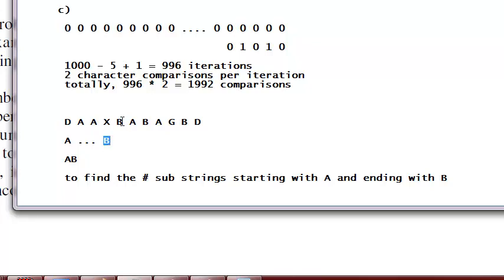So everywhere we see a B as we go from left to right, of course we also have to keep track of the number of A's we have encountered so far. So everywhere we see a B, the number of substrings ending with B is the number of A's we have seen so far when we hit that B, right? So let's do this.